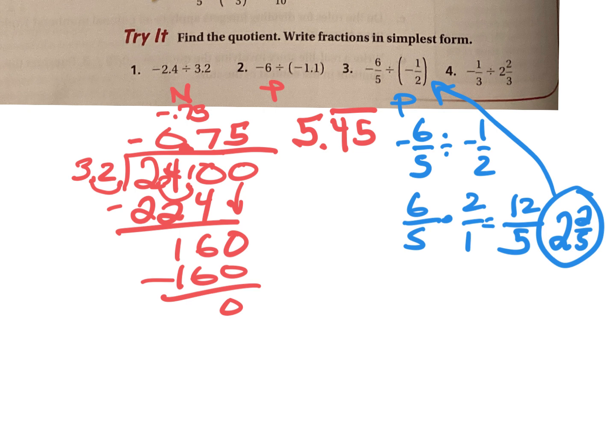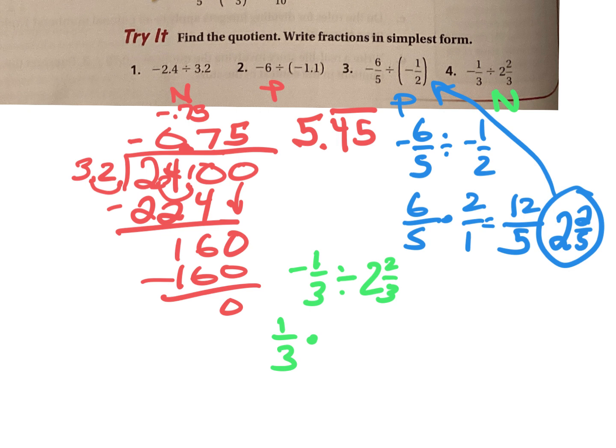Now let's do 4. I'm going to do this one as green. Negative 1/3 divided by 2 and 2/3. It's a negative divided by a positive, so it's going to be negative in the end. I'm going to keep the 1/3, and it's negative. All right, change it from division to multiplication.